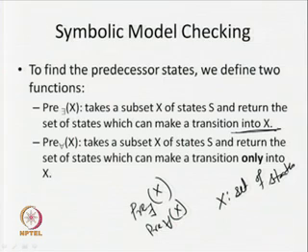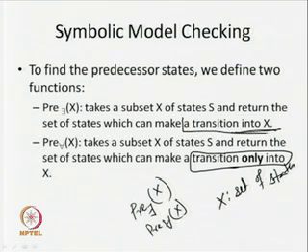And pre for all x is similar to pre there exists x, but in this case we take only those states which can make a transition only into x. This is the crux: transition only into x. So for there exists, if at least one transition is coming to x, I can say that there exists a transition going to this subset x.